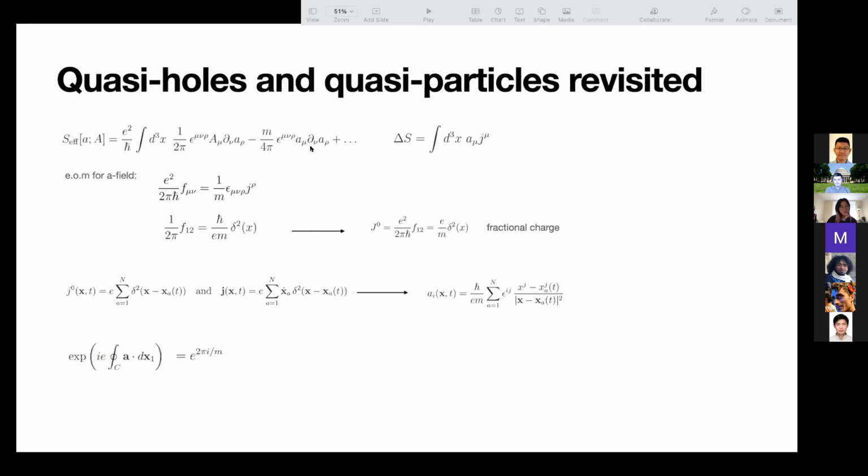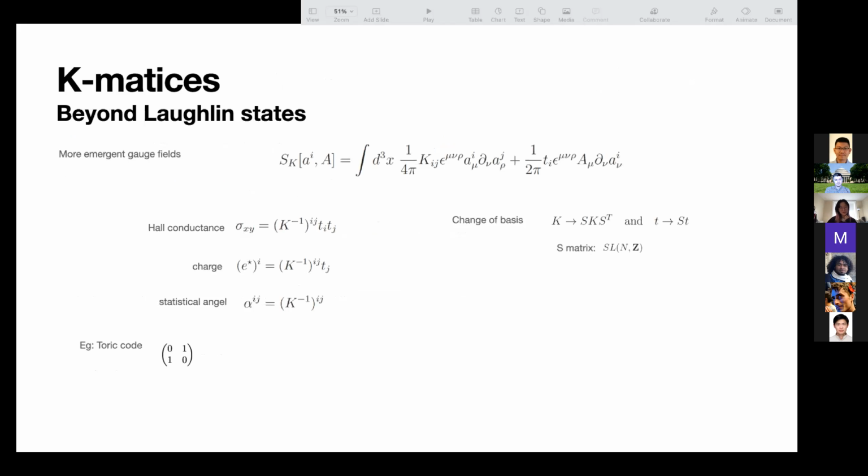Okay, considering this emergent gauge field looks like a very promising move, so why not have more of them? So we can have more emergent gauge fields.